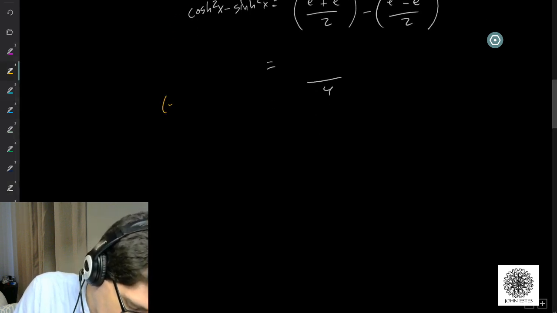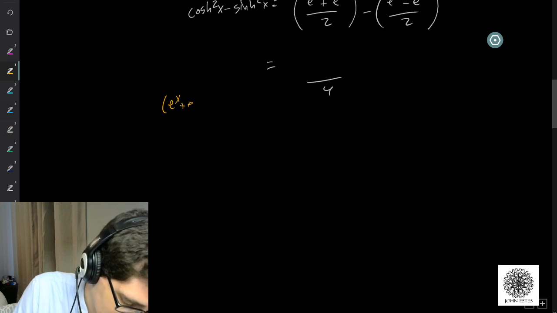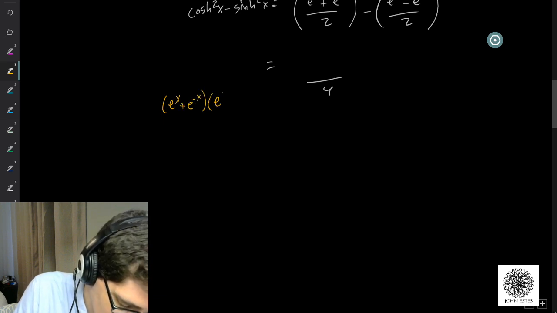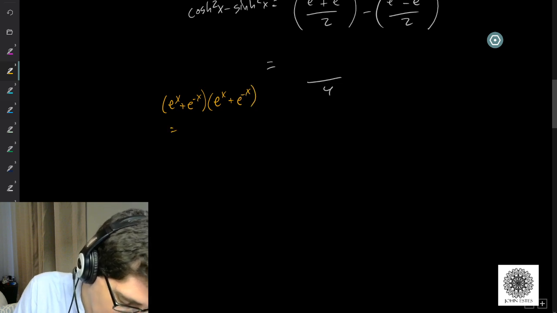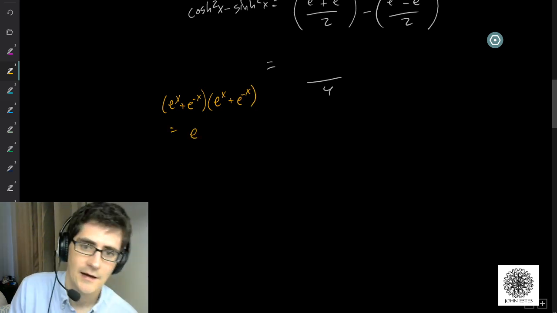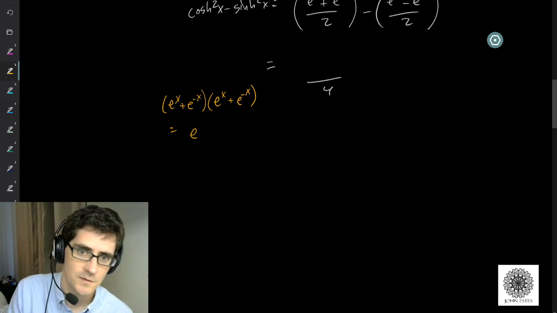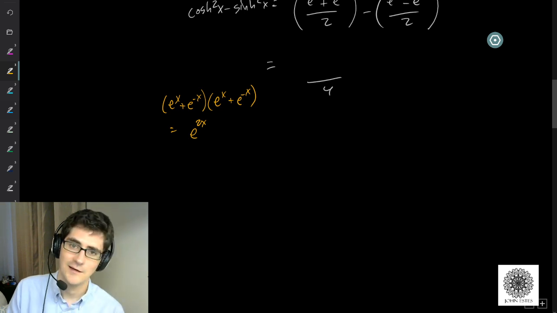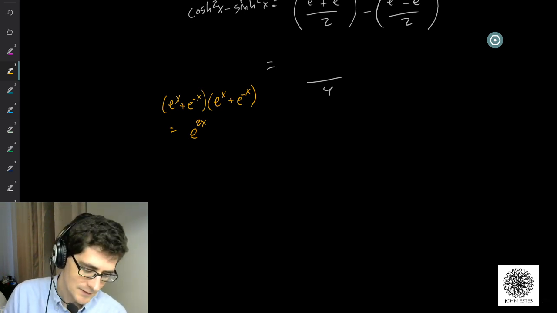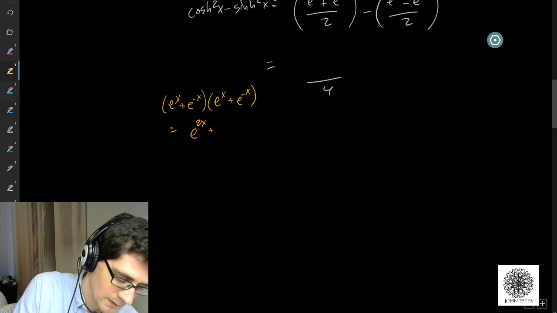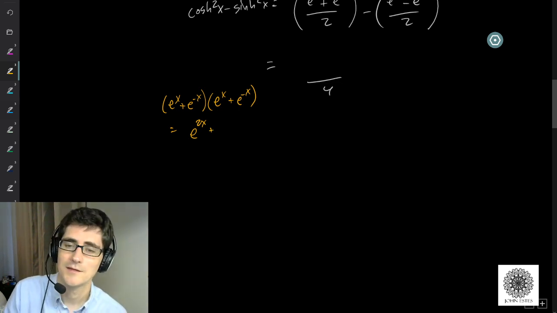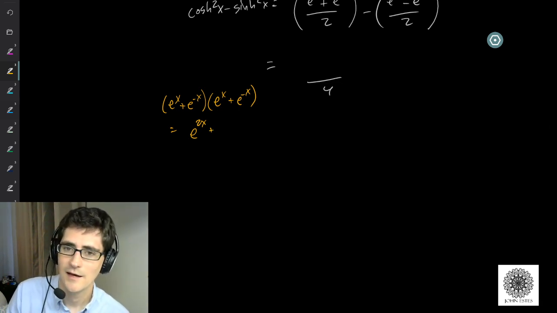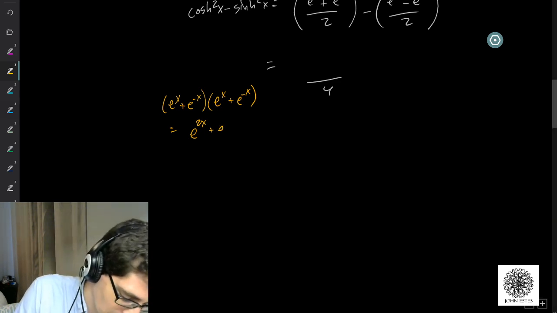So we have e to the x plus e to the negative x times e to the x plus e to the negative x. Okay, so when I multiply this out, you have to add the exponents, right? So x plus x gives me 2x when I multiply e to the x times e to the x. On the inside, I have e to the x times e to the negative x. Adding the exponents, you end up with e to the 0.